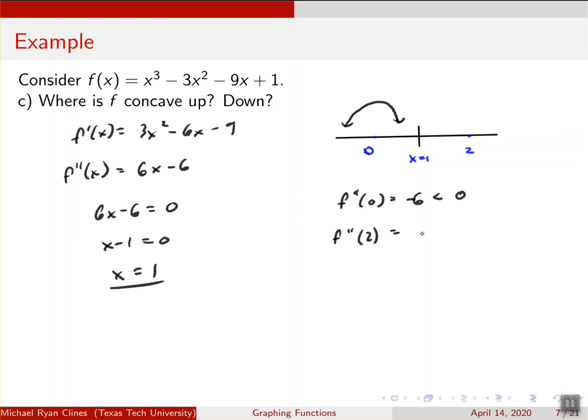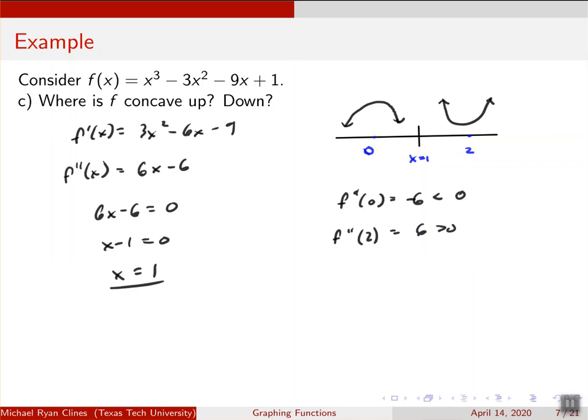Well, that's just equal to 6. And that's greater than 0. So what that tells us is, on this interval, it is concave up and it is facing in the upward direction, just like that. So now we have determined where this function is concave down and where it is concave up.